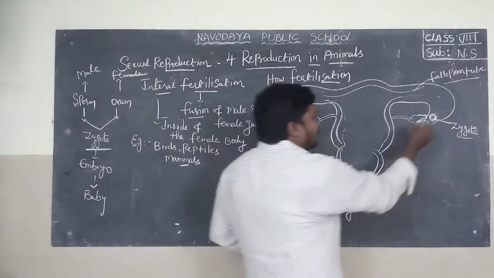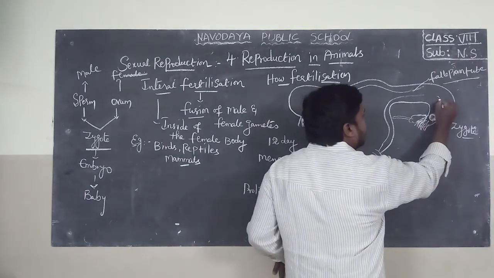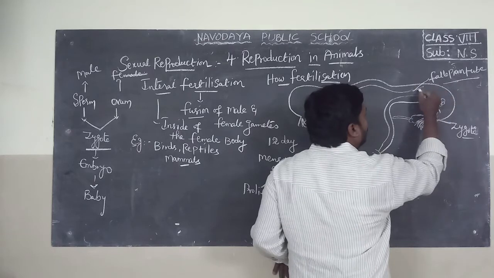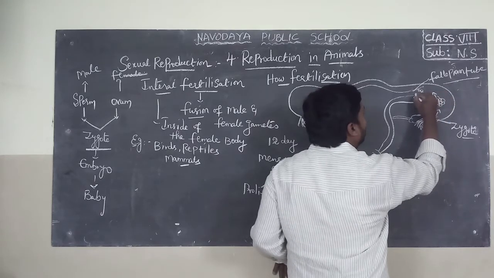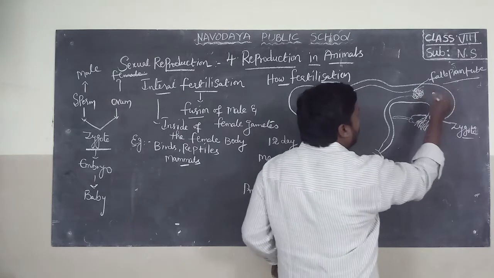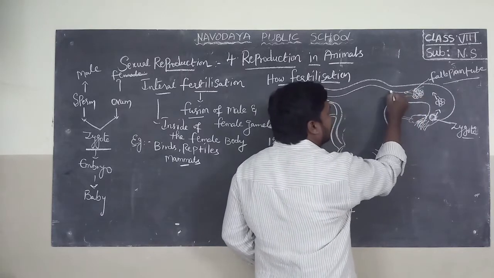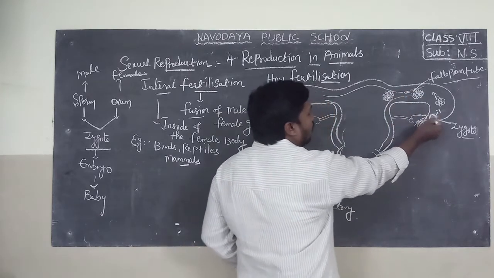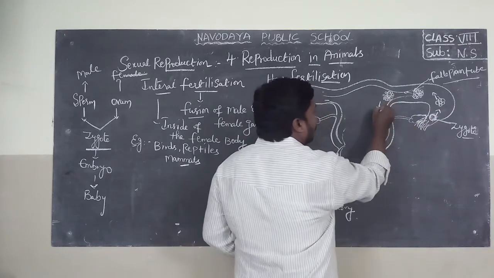After formation of zygote, this zygote divides into a few cells or many cells to form embryo. So this embryo transfers from the fallopian tube to the uterus like this.